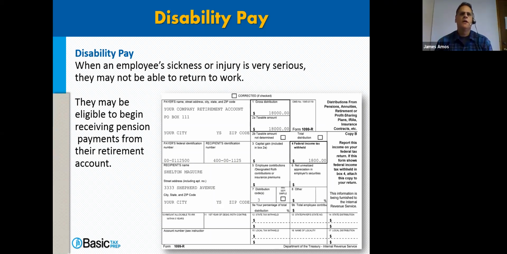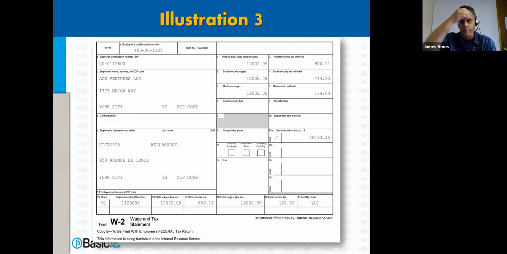You have a different line for reporting retirement income. But if you're receiving your retirement income early because you're disabled, but you're not of retirement age yet, you actually report it as if you earned it. That's all. And you can potentially get disability income reported on a W-2, which is what this is showing.